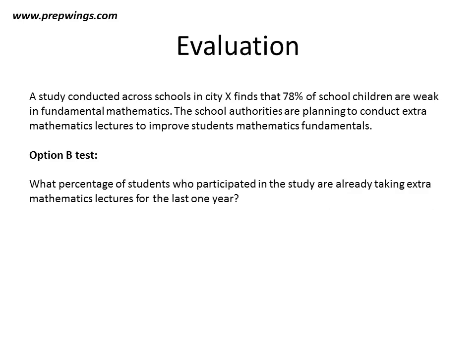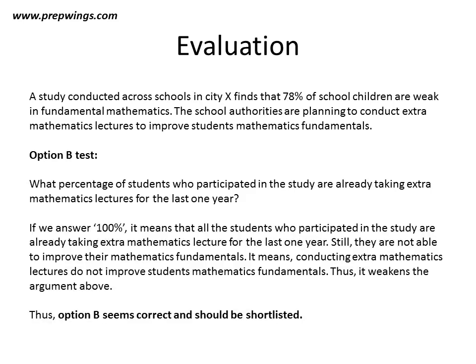Now we will look at the second option. The second option says what percentage of students who participated in the study are already taking extra mathematics lectures for the last 1 year. So this question is of the format what percentage of, so we can say 100% or 0%. If we answer 100%, it means that all the students who participated in the study are already taking extra mathematics lectures for the last 1 year.